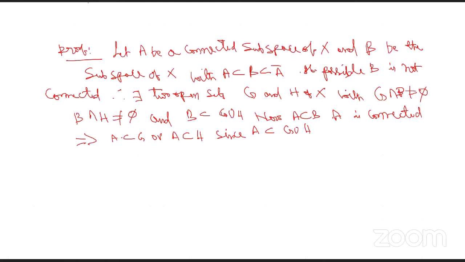Let A intersection H be the null set. Now H is open and A intersection H is null set, so closure of A intersection H is null set.